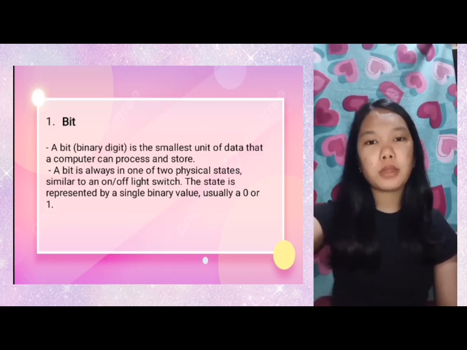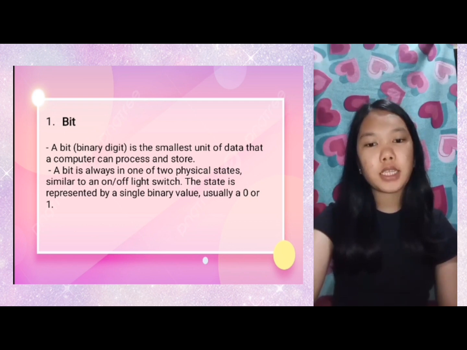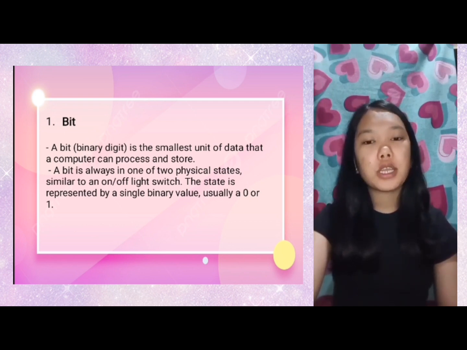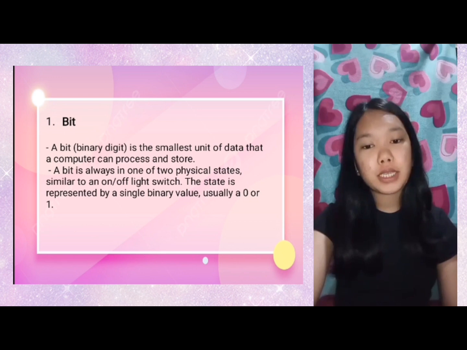Now, let's proceed to bit. So, what is a bit, by the way? A bit or binary digit is the most basic and smallest unit of data that a computer can process and store. A bit is always in one of 2 physical states, similar to an on or off light switch.